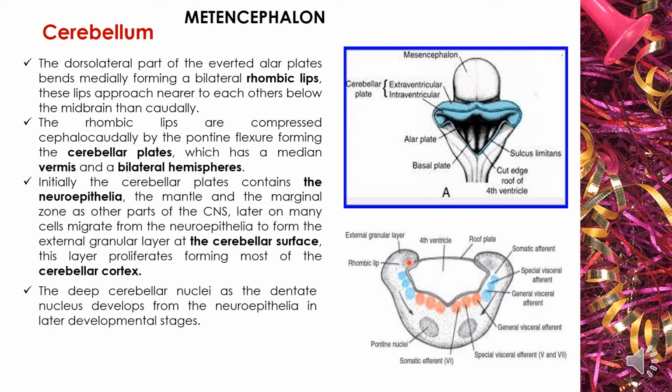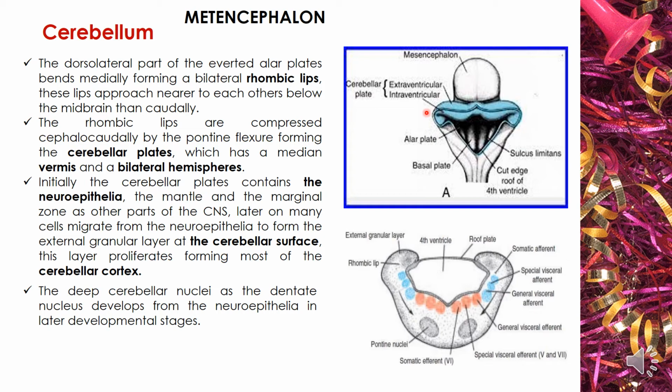The rhombic lips are compressed cephalocaudally by the pontine flexure, forming the cerebellar plate. The cerebellar plate has a median vermis and bilateral hemispheres.